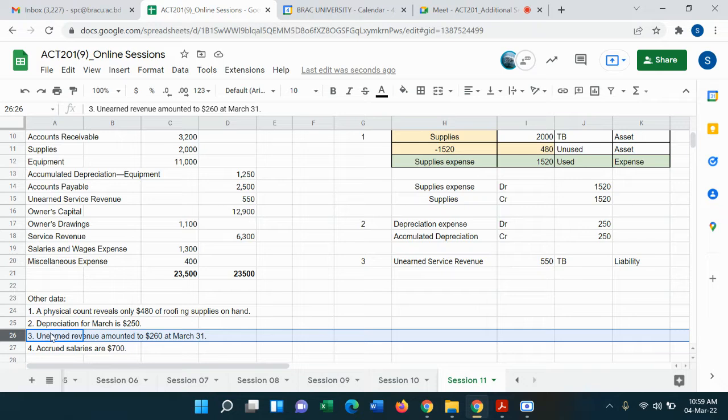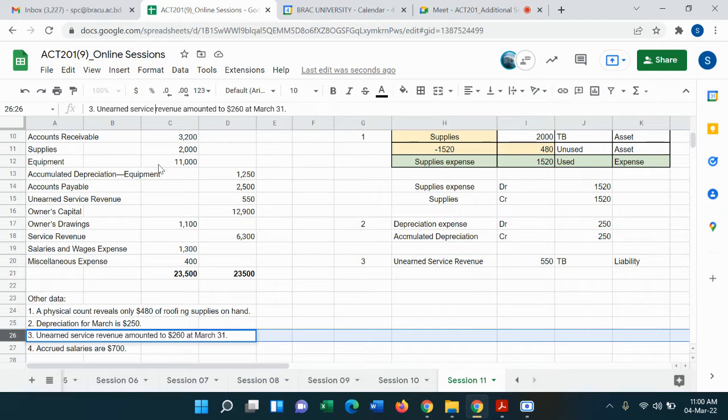What does the word amounted mean here? Amounted means unearned service revenue. On March 31st, the amount of unearned service revenue is $260.